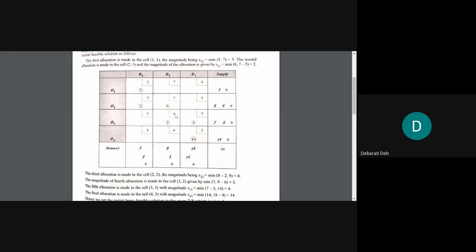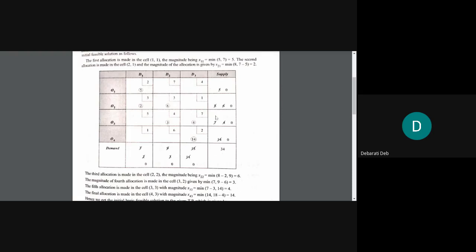Now you see, when we were allocating, we were comparing 2 and 8. And out of 2 and 8, 8 is the bigger one. That means the row total is the bigger one.